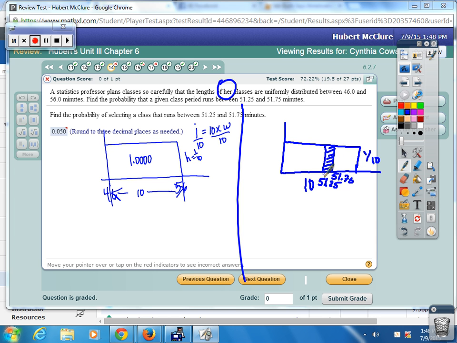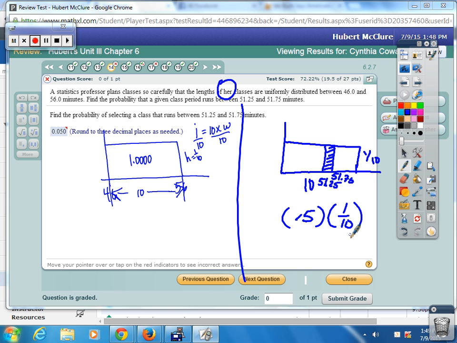So what's the distance of that little strip right there? Well, what's the difference between 51.75 and 51.25? 0.5, right? So you take 0.5 times 1/10.